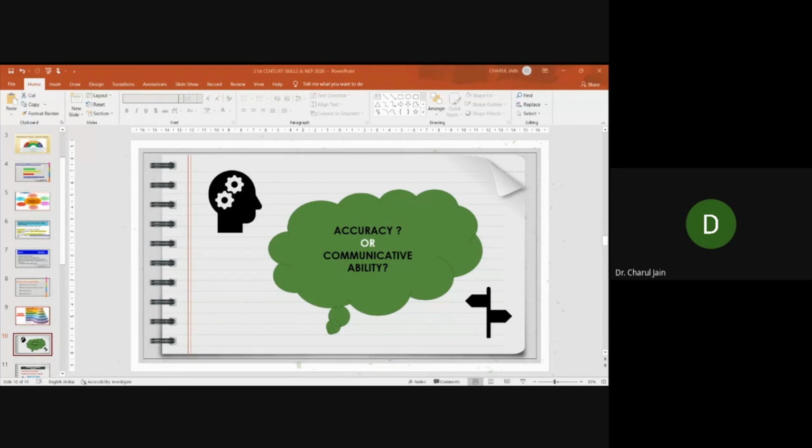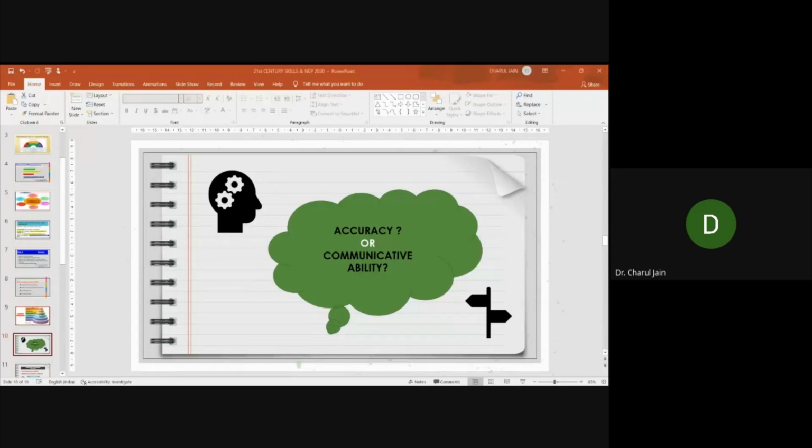So when I'm talking about accuracy, I'm waiting for your answers. What do you think is very important? Accuracy or communicative ability? Okay, Hemaji says both. What about others?